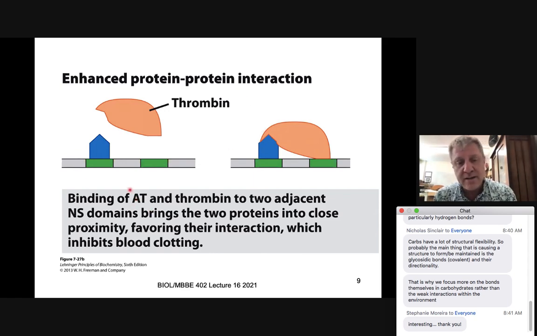So binding antithrombin and thrombin at two additional adjacent domains brings about a protein coordination. And this is very important because this favoring of interactions gives you the process to inhibit blood clot formation. And again, that allows you to then basically bleed. So those who have hemophilia have problems with this and the antithrombin components.